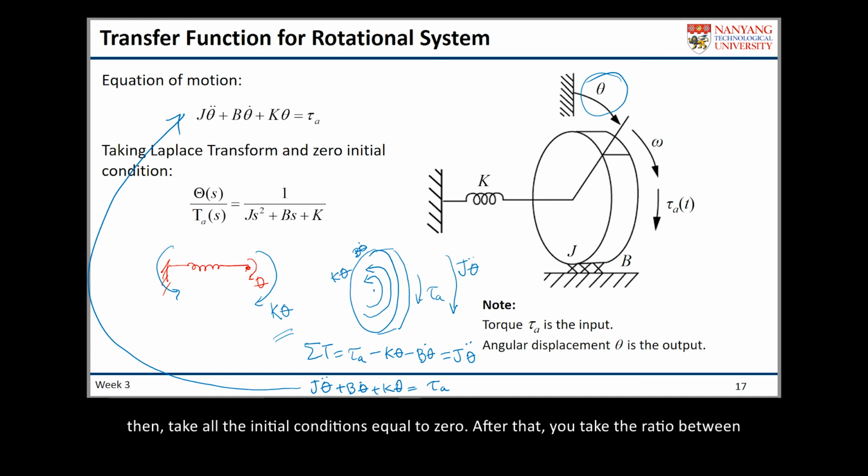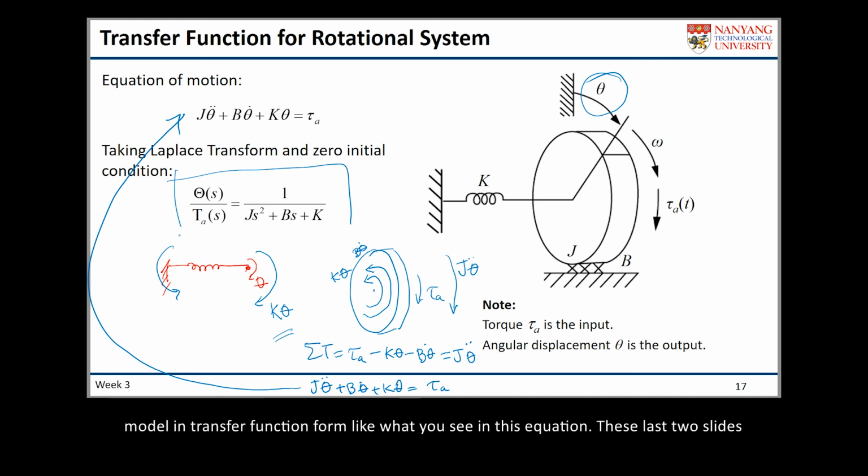After that, you take the ratio between the output theta and the input torque tau A in Laplace domain. Then you will have the model in transfer function form like what you see in this equation. These last two slides illustrate how to derive the mathematical model of mechanical system.